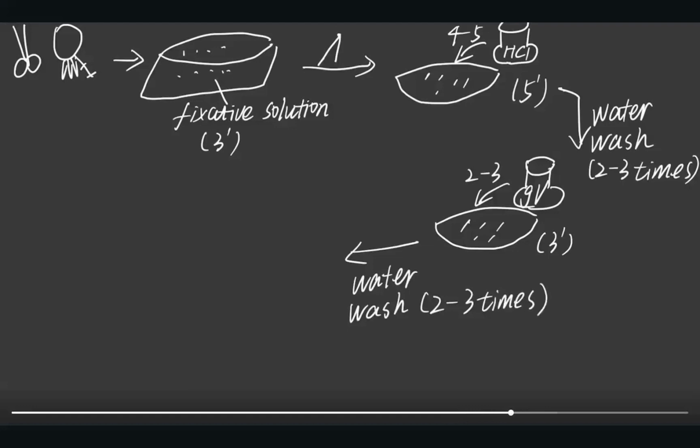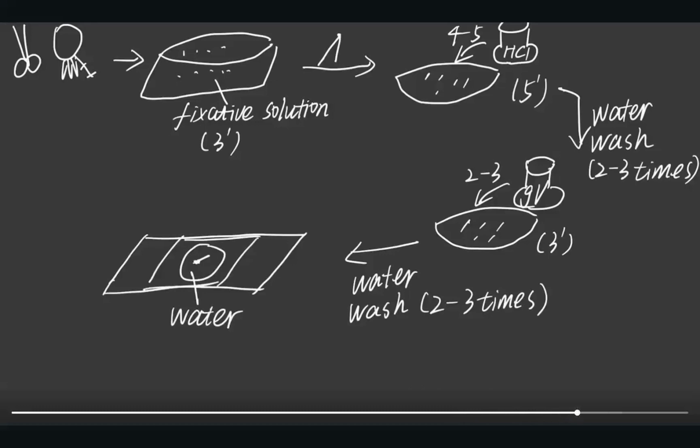Then we place a single root tip on a clean glass slide and add 1 drop of water to the root tip. We use the eraser end of the pencil to gently press down to squash the root tissue. We apply sufficient pressure to obtain single-layered cells. We need to take care not to break the cover slip or the cell wall. Then finally, we can start our observation.